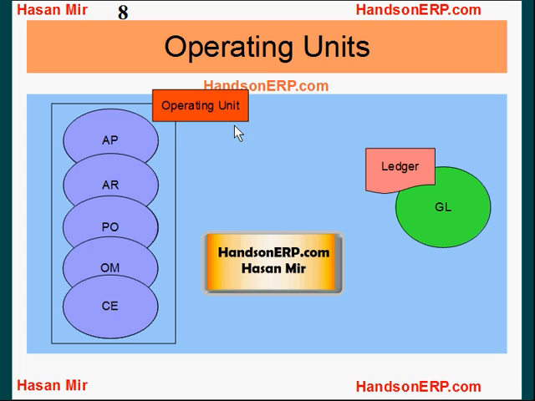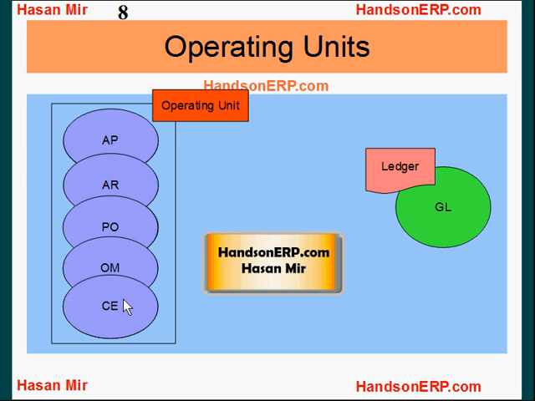So invoices sitting in operating unit 1 are not visible from operating unit 2, and so on. And similarly, transactions that you enter in receivables go in an operating unit, and requisitions and purchase orders that you enter in the purchasing module go in an operating unit, and sales orders that you enter in the order management module go in an operating unit. And similarly, in the cash management module, the data that you enter for bank statements goes in an operating unit.